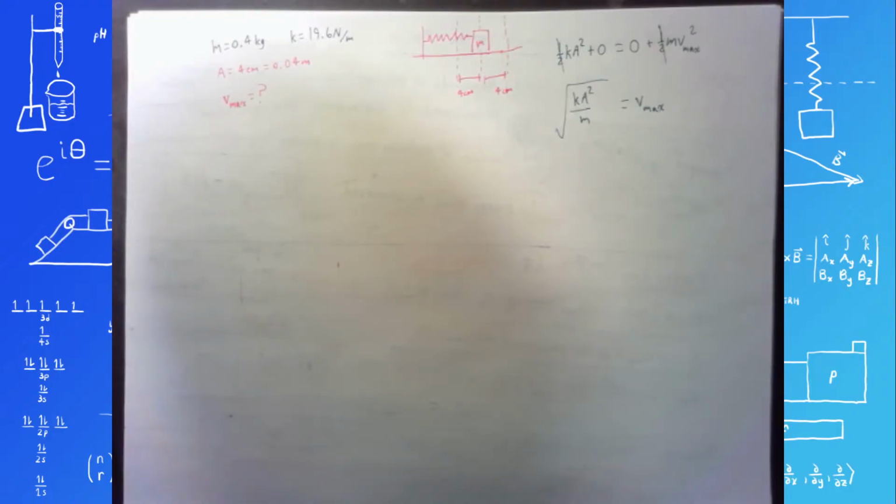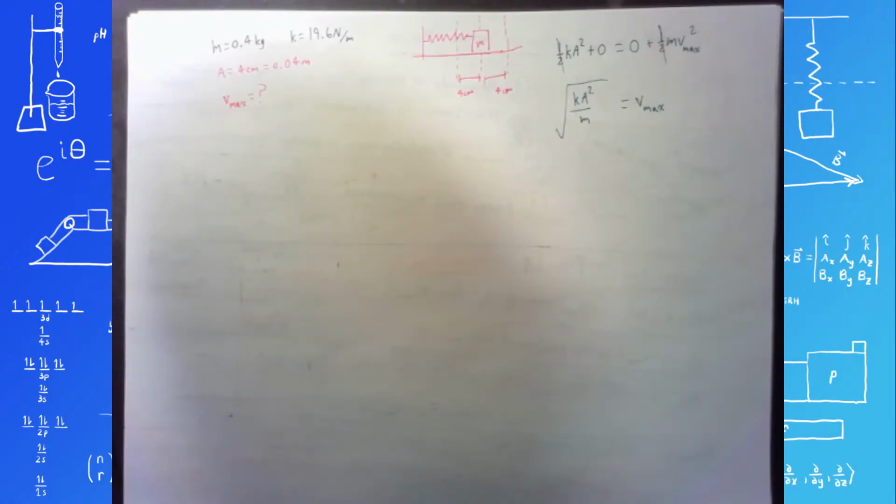I would skip this, but it's easy enough to do, so let's go ahead and see what number we're supposed to get. Those of you following along at home can compare results and make sure you did it right. 19.6 times 0.04 squared divided by 0.4, all under the square root, and I'm getting exactly 0.28. How about that?